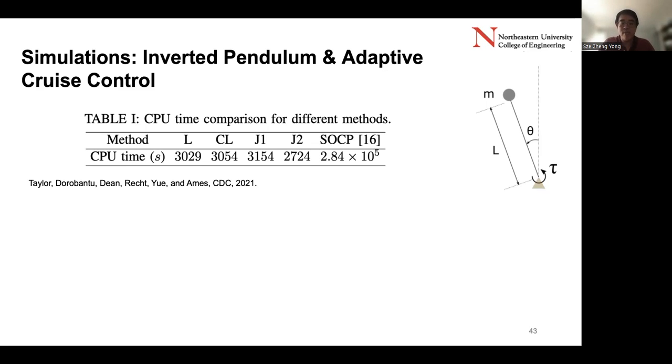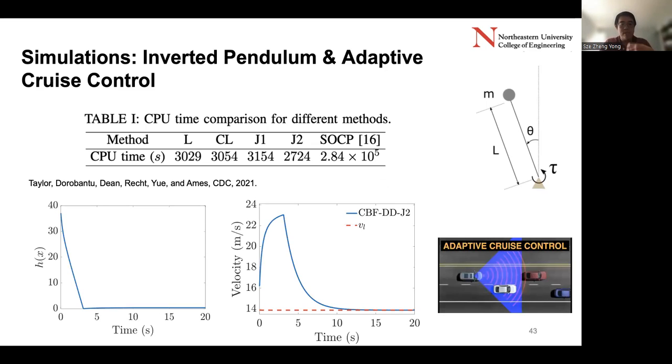We tried that, and on our machine it took about 2.84 times 10 to the power of 5 seconds to solve, whereas all our methods can do it much faster. We can also show that when you apply it to an adaptive cruise control problem, our system would be safe, even if we don't know the model but we have data, so we still make sure the system is safe.